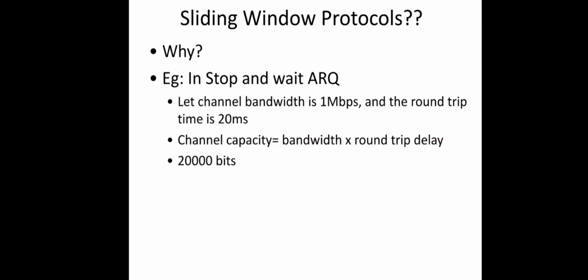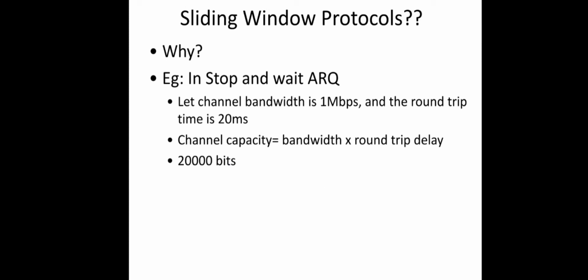In our case, that is 1 megabit per second, 10 raised to 6, into 20 milliseconds, that is 20 into 10 raised to minus 3. If we multiply these two, we get 20,000 bits. That means in this 20 millisecond time, this channel could have transferred 20,000 bits.